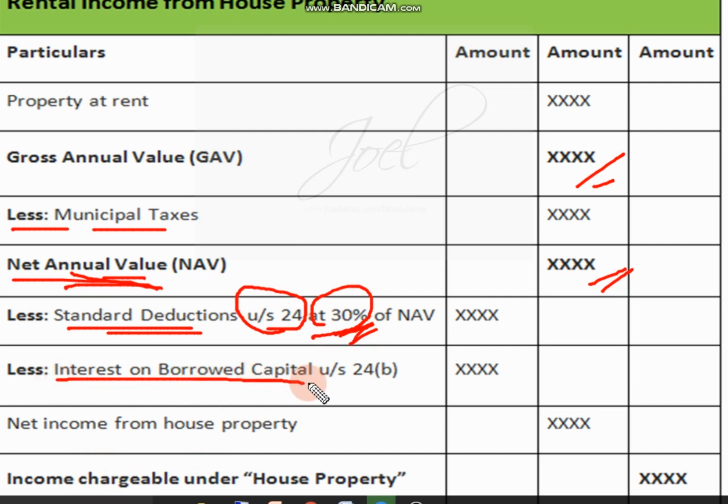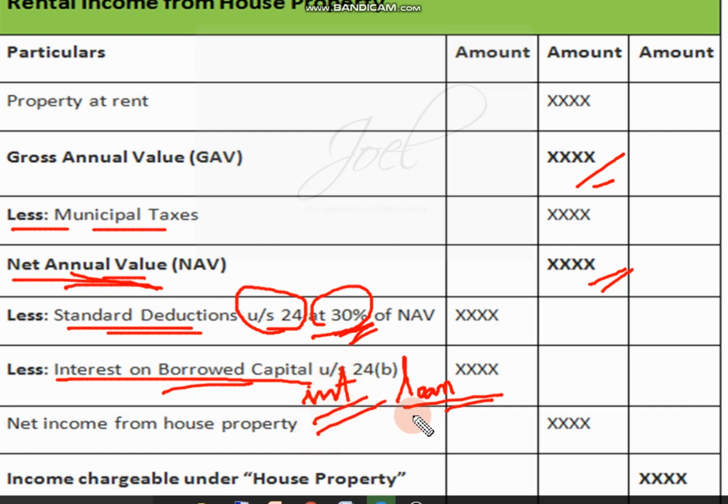Then one more is there, interest on borrowed capital, that is interest on loan. If you borrow any amount of loan, for that loan you will get a deduction. Only interest is supposed to be considered, not the principal amount.